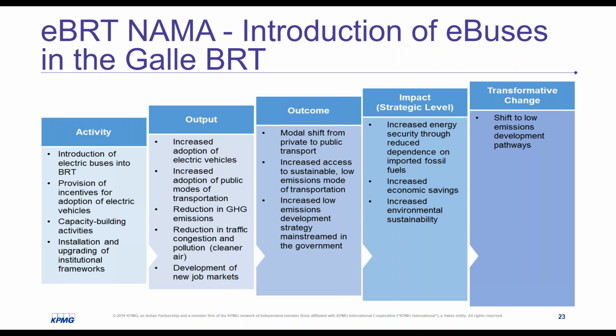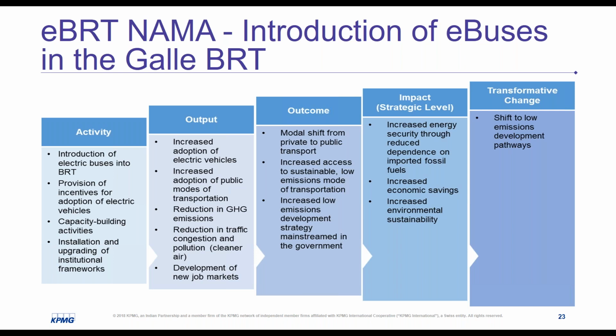The output that we envisaged from the NAMA was, of course, to look at increased adoption of electric vehicles, increased adoption of public modes of transportation by introducing BRT and looking at cleaner modes of transport, reduction in GHG emissions, and of course, reduction in traffic congestion and pollution.